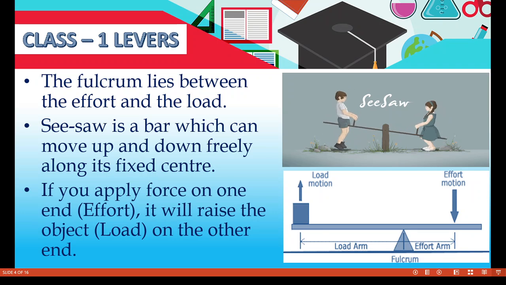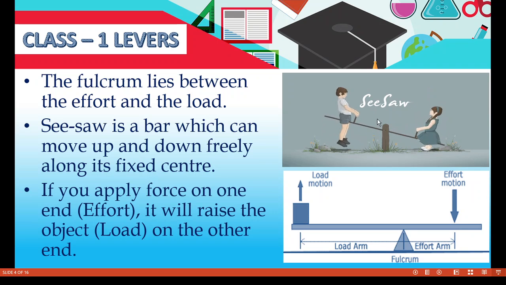It is a bar which can move up and down freely along its fixed center. With respect to this fixed center, this bar can move up and down. If you apply a force on one end, it will raise the object on the other end. You might all be very familiar with this seesaw.